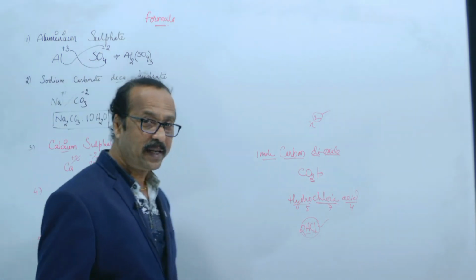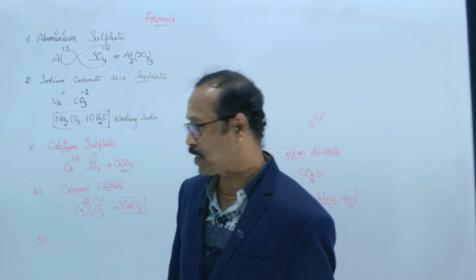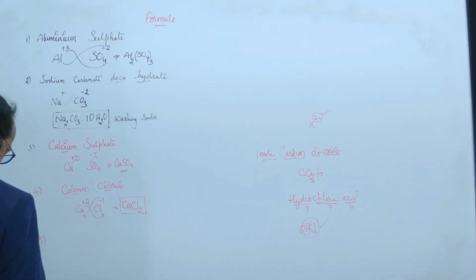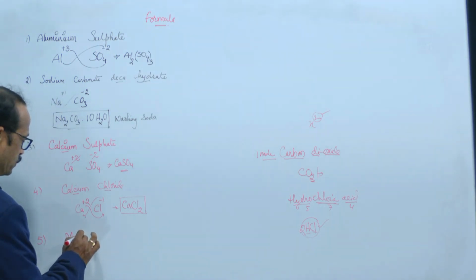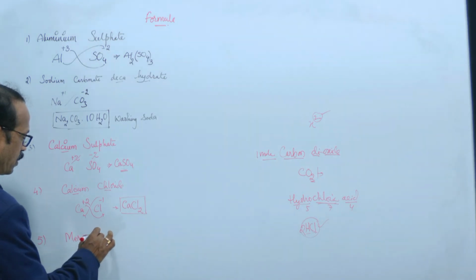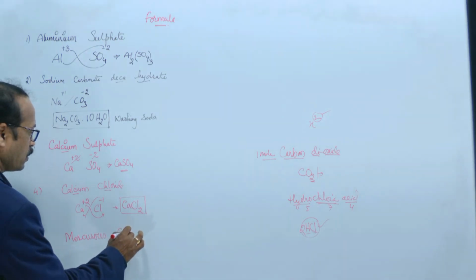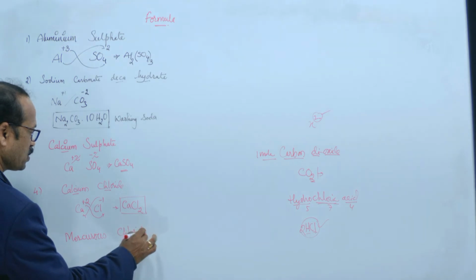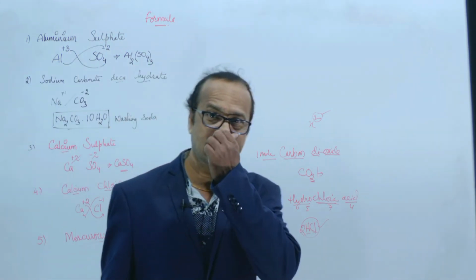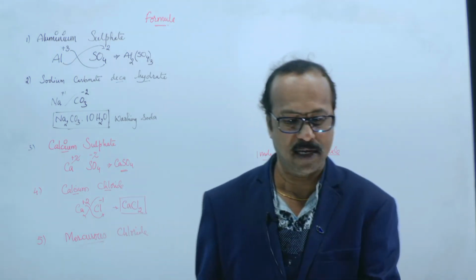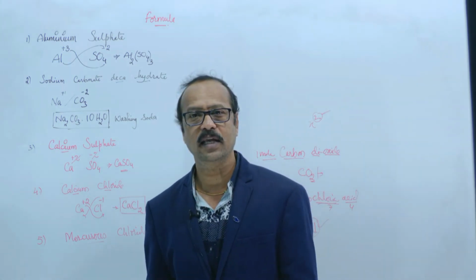The formula of mercurous chloride. Mercurous. Already we discussed us and ik. Did you remember? Us and ik.